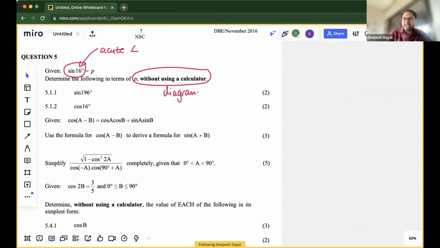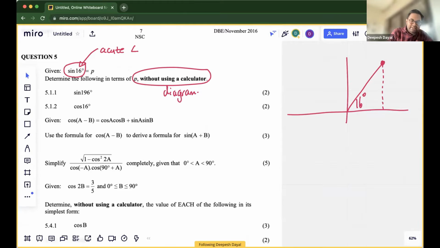So we first draw a diagram in the first quadrant. I'm going to draw it freehand, but I'll try my best to make it as neat as possible. We've got sine 16 equals p, and I'm going to make it into a triangle. This is 16 degrees, and we've got p.